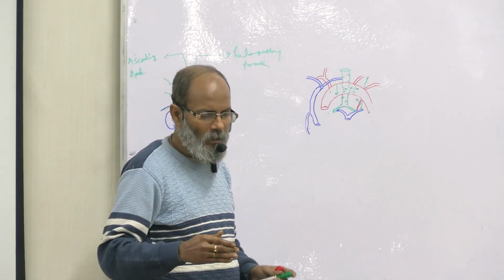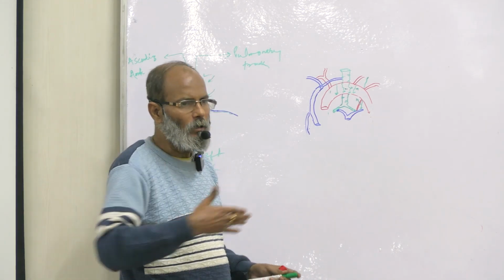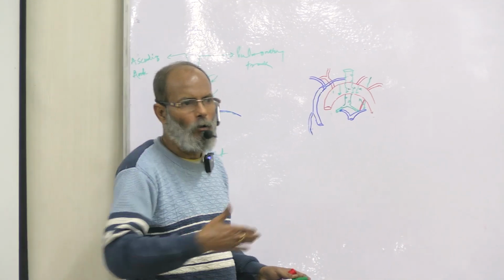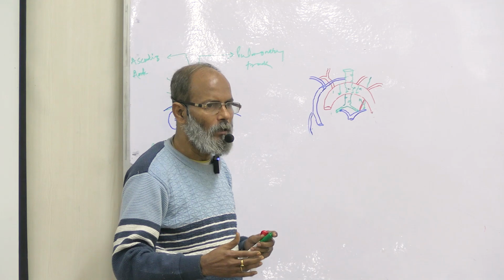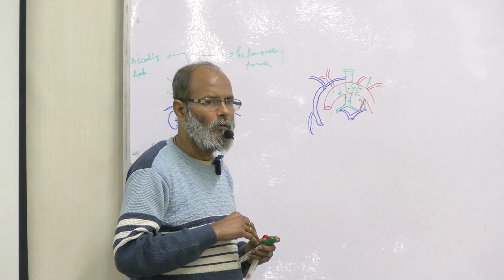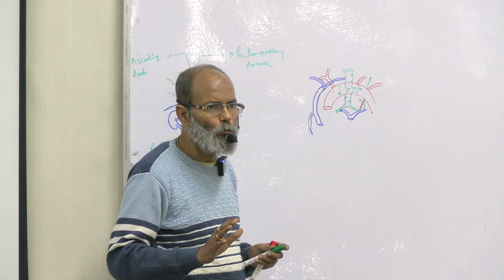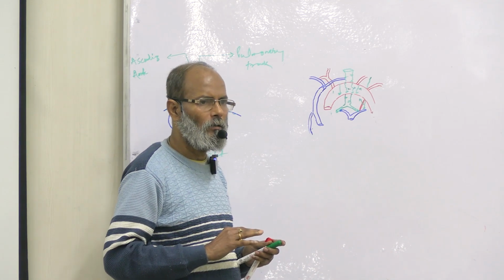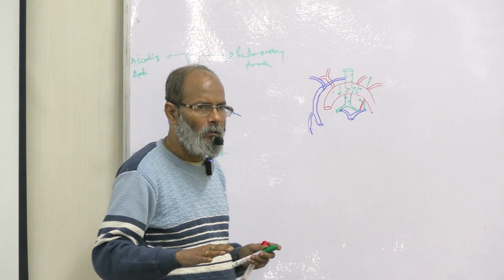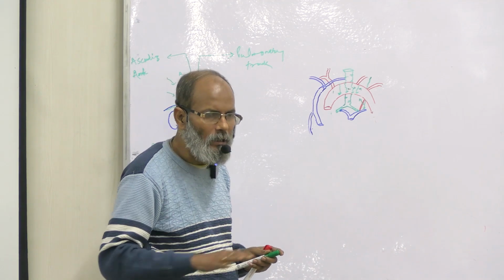Remember, the arch of aorta is not in a horizontal plane. It is a little oblique from the anterior posterior plane, so that you will not be able to see all these 3 branches in one gauge.